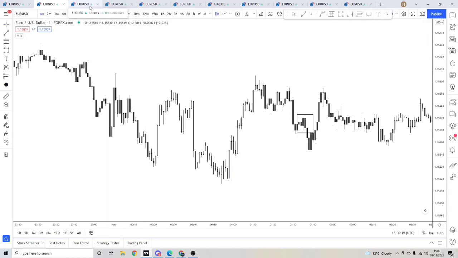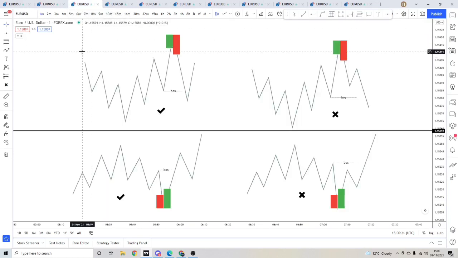The next thing on there is, does the POI break structure? I've done a little diagram to make it a bit more clear. In this bearish situation, we want to see that the push comes and breaks some form of demand or low.